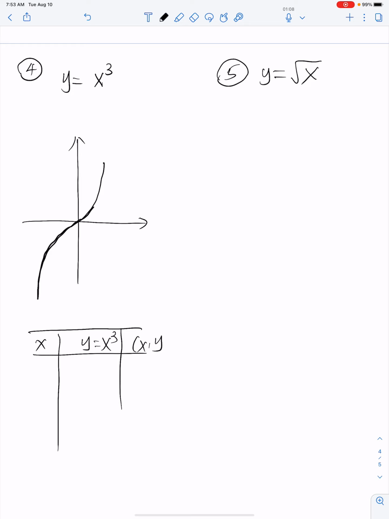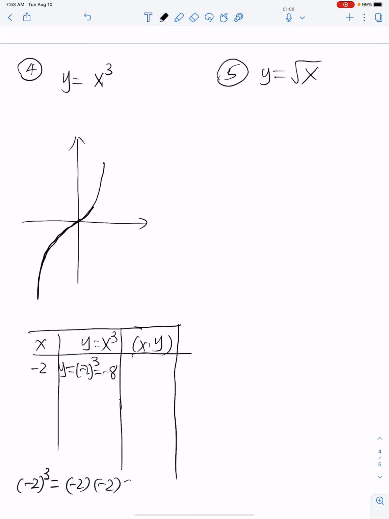The only thing you need to be careful about is when you choose x equal to -2, what will y be? -2 cubed is -2 times -2 times -2, which is -8, not -6, not +8. So this is -2, -8. This is why you have points in the third quadrant.